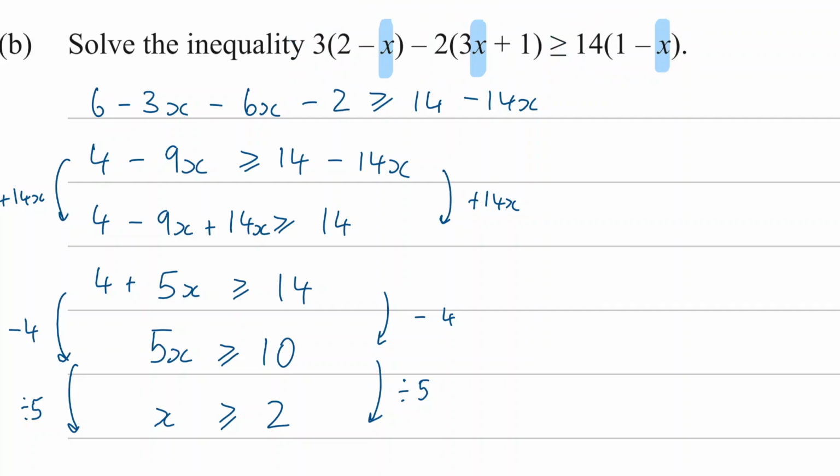So your job right now is to just pick a value for x that's greater than or equal to 2. So maybe pick 2 to start with, and then maybe pick 10. Substitute it in for x on the left-hand side, see what number you get. Substitute it in on the right-hand side, see what number you get, and check that the first number, the one on the left-hand side, is greater than or equal to the one on the right-hand side.